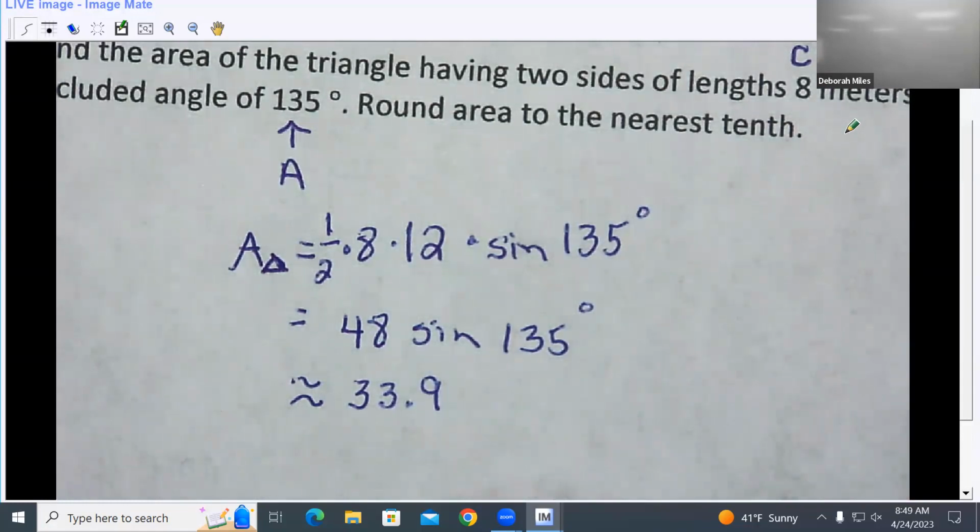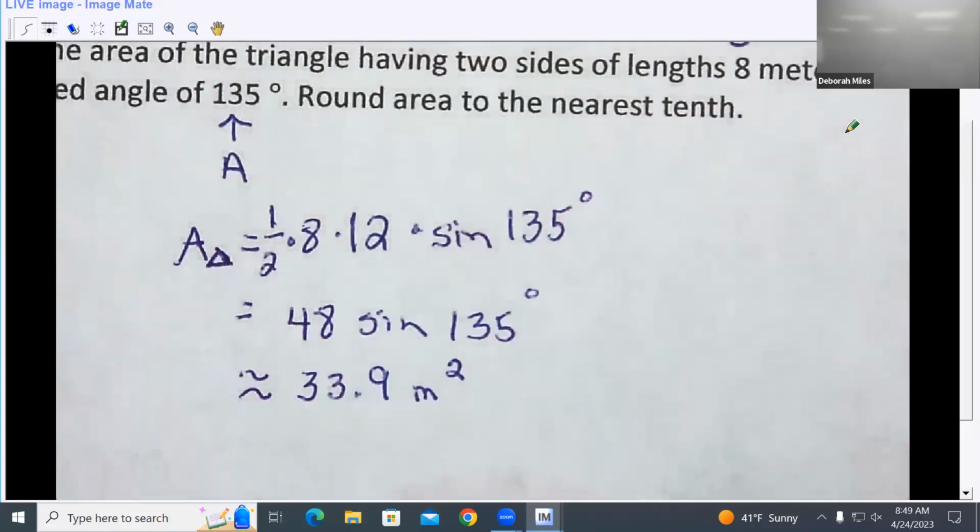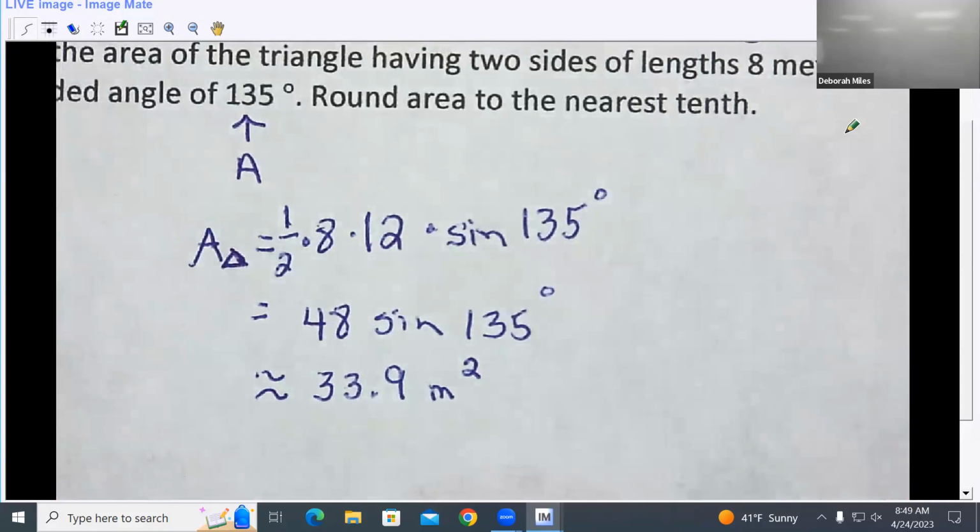I'll check that on review day because I don't remember. 33.9 meters squared, because we're talking about area, not one-dimensional length.